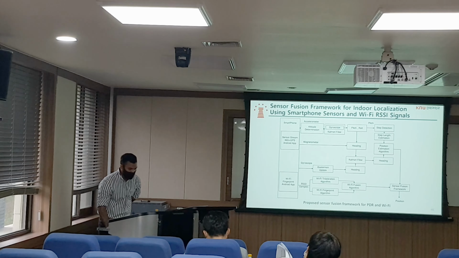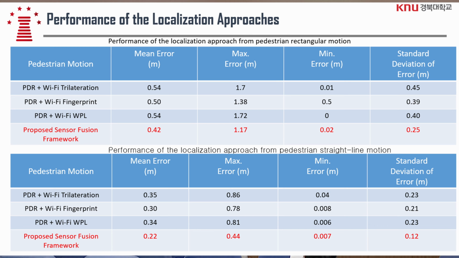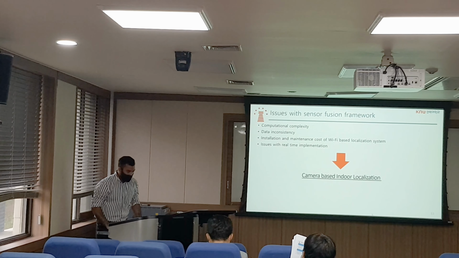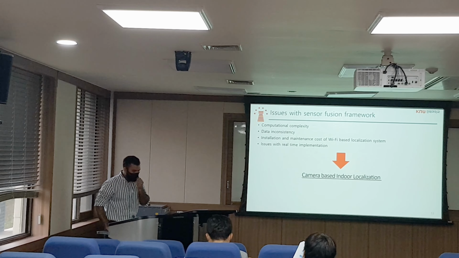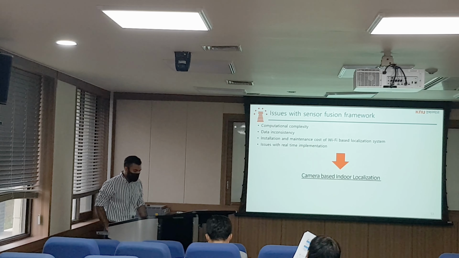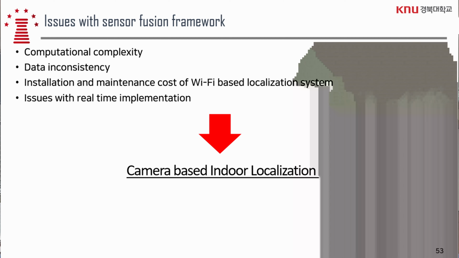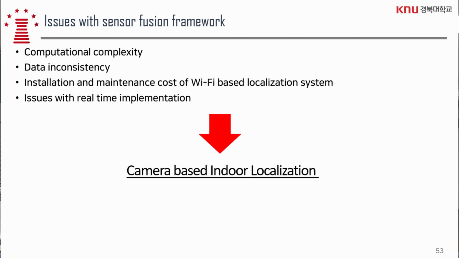Our proposed approach gives very accurate results in both rectangular and straight line motion. When we use the sensor fusion framework, the first major issues are computational complexity, data inconsistency, installation and maintenance cost of Wi-Fi based localization, and issues with real-time implementation. When we use the RSSI signal, the real-time system is not very accurate.